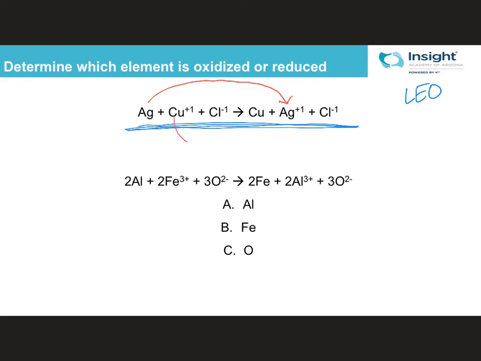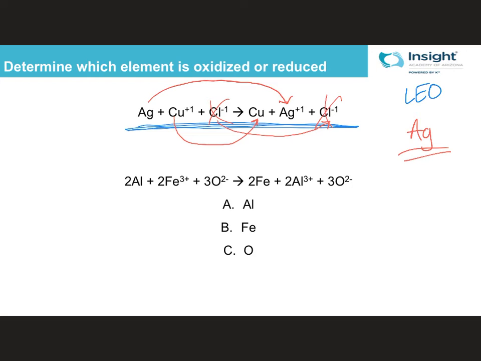You've got copper going from +1 to neutral. And then you also have chlorine, which is going from -1 to -1. So I can say chlorine is definitely not getting oxidized. But which one is losing some electrons? Remember, electrons are negatively charged, so we're giving away a negative charge. Silver. If you have a positive charge, that means that you have more protons than electrons. You had to lose some electrons to get there.